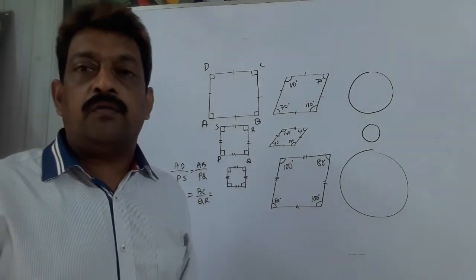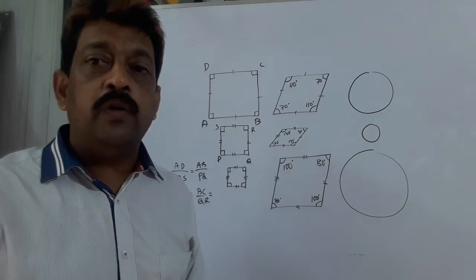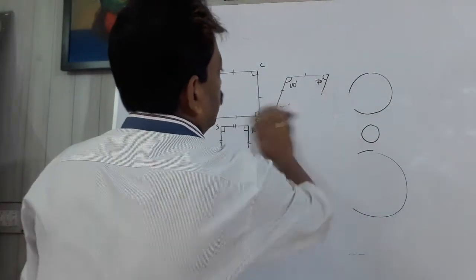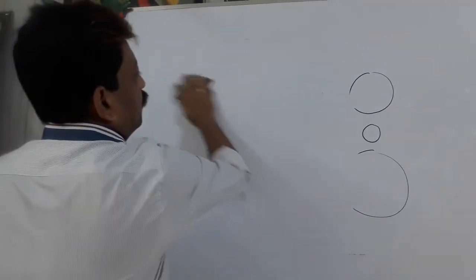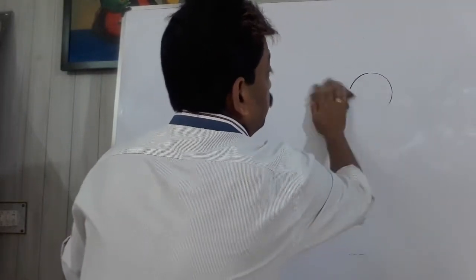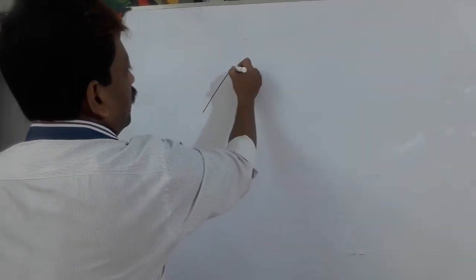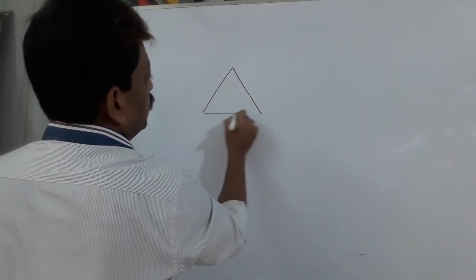And what is the case of an equilateral triangle? Same case also. In equilateral triangles also we'll find that all the equilateral triangles look the same, their shape is the same, but they differ in area. Their included angles are the same.